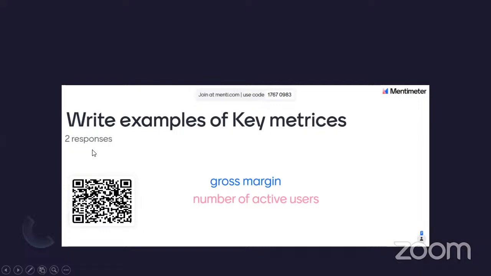Hmm, what again? Let's think. Revenue changes by year, which is number of sales, of course.